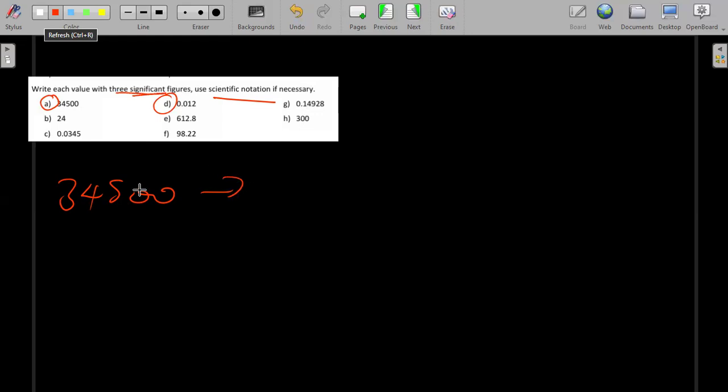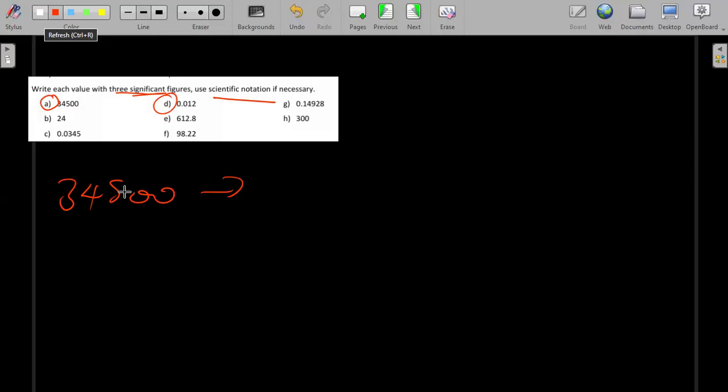So now let's try that one. For us to have 3 significant figures in this number, how many significant figures are we having in this case? That's the first thing you ask yourself: how many significant figures are we having?